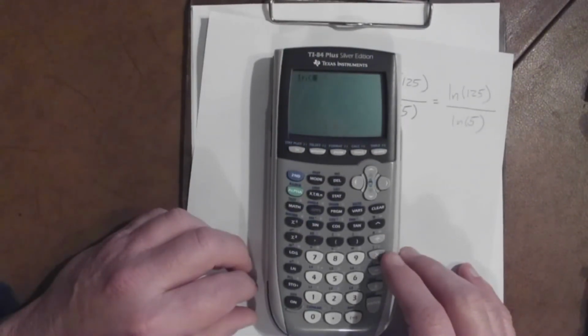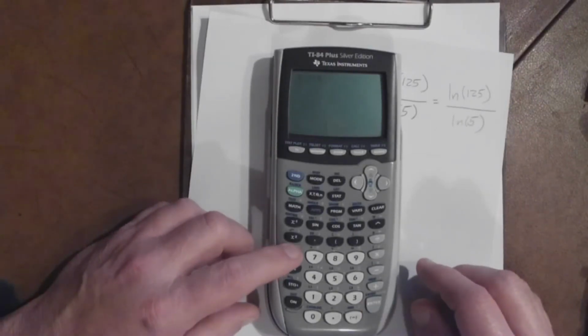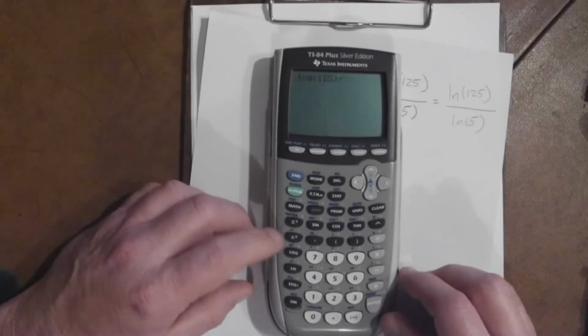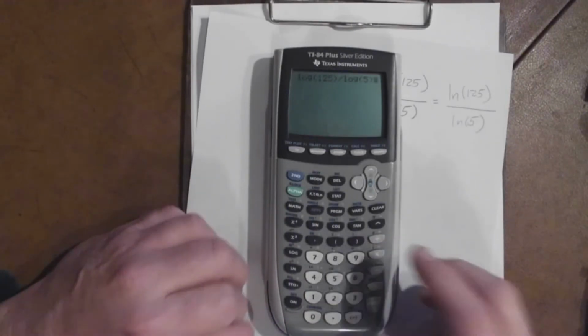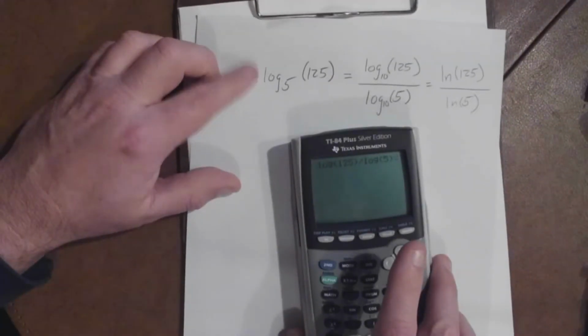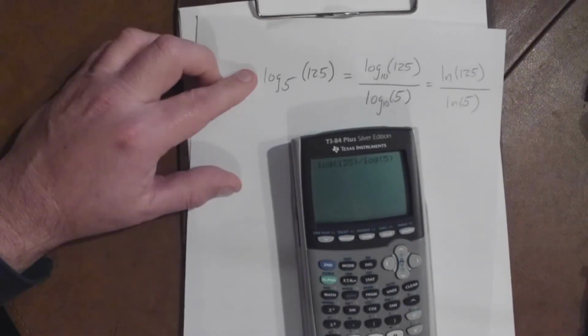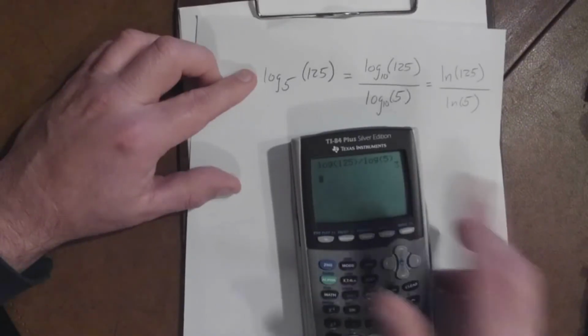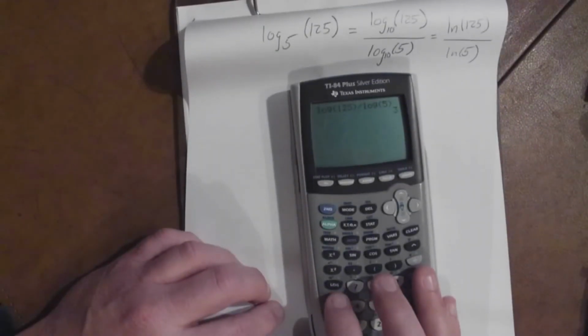If I go back on my calculator and I think about using my log button, I should be able to take the log of 125 and divide that by the log of 5, and it tells me the log base 5 of 125, which we know equals 3, right? And it does give me that result of 3. Same thing would come if I use the ln button.